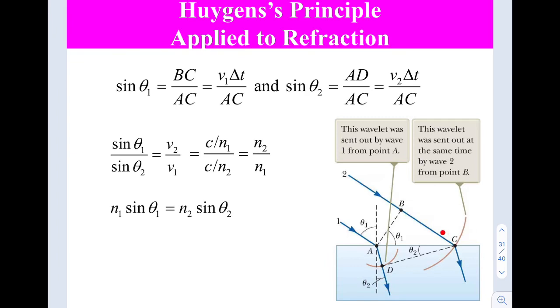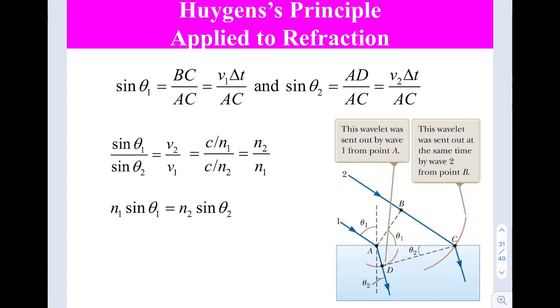During this time interval, the wave at A sends out a Huygens wavelet, the light brown arc passing through point D. The light refracts into the material, making an angle of theta 2 with the normal to the surface. In the same time interval, the wave at point B sends out a Huygens wavelet to point C, producing arc wavelets at point C.